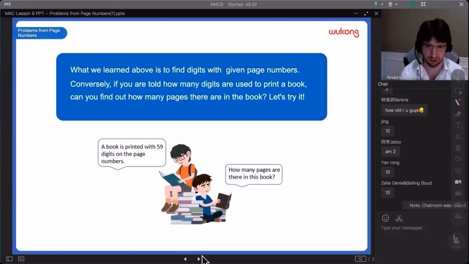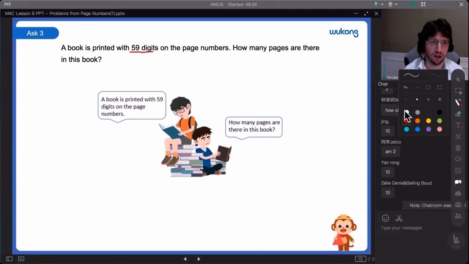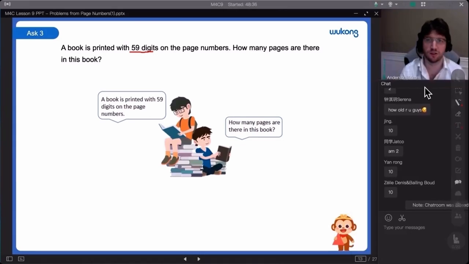Let's try it. A book is printed with 59 digits total on the page numbers. How many pages are there in the book? So we want to try to work in reverse here. Let's start by breaking them up again. We know 59 digits is going to be broken up to 1-digit numbers and 2-digit numbers, right?